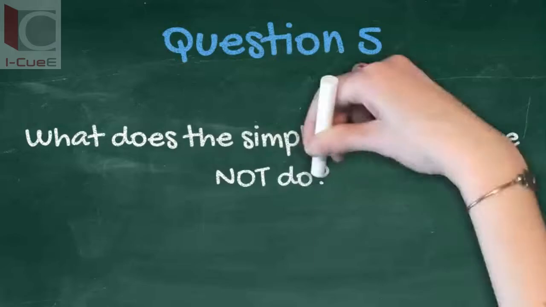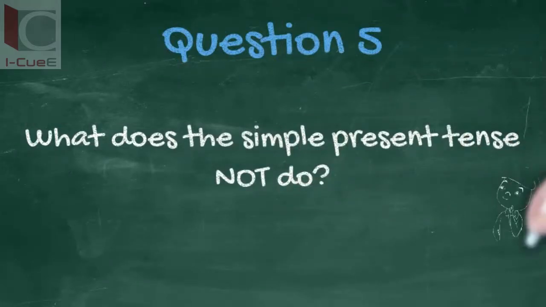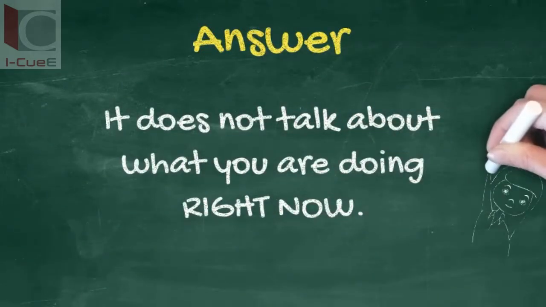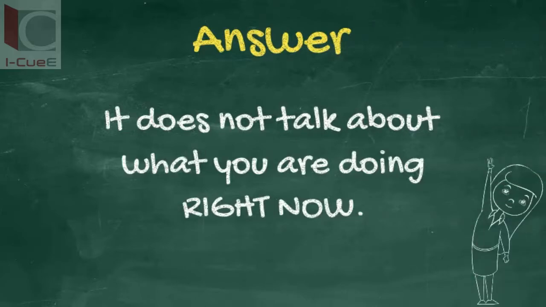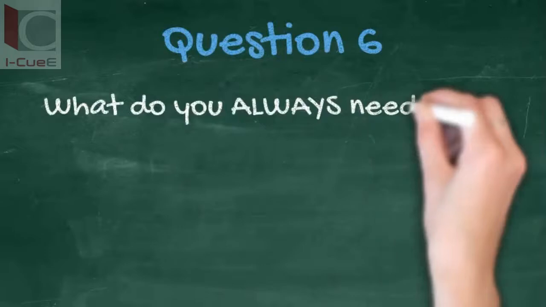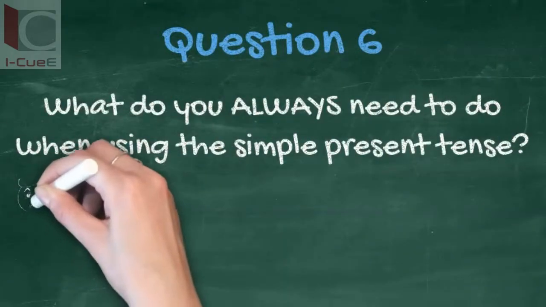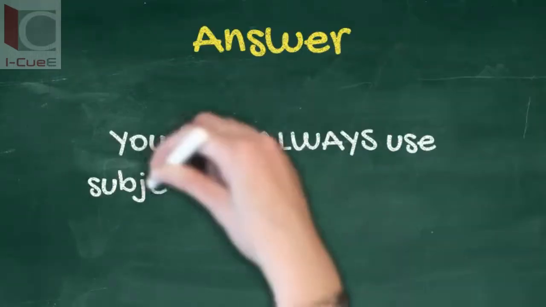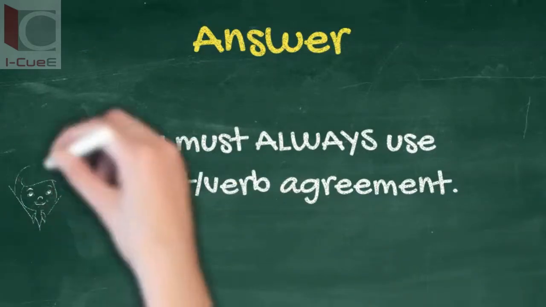What does the simple present tense not do? It does not talk about what you are doing right now. What do you always need to do when using the simple present tense? You must always use subject-verb agreement.